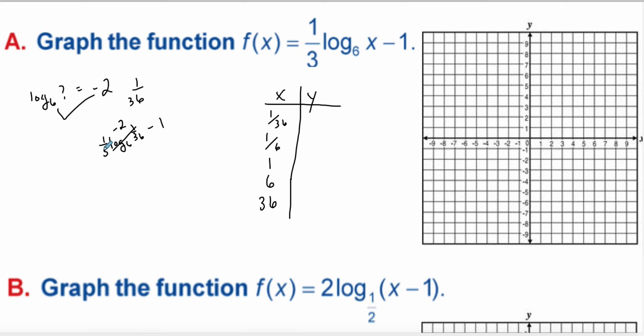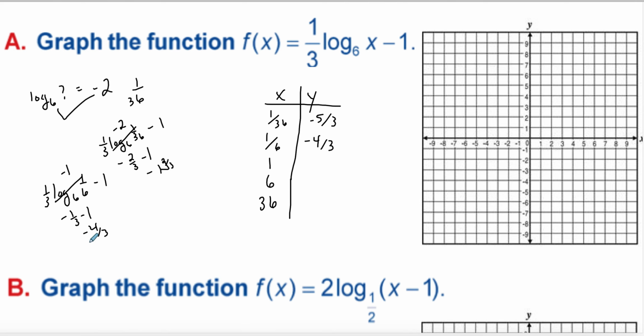So -2 times 1/3 is -2/3, minus 1, negative 1 and 2/3. You guys know that I don't like mixed numbers, so we're going to change that. It would be negative 5/3. Let's do the next one here. 1/3 log base 6 of 1/6 minus 1. So 6 to what power gets me 1/6? Negative 1. So that's negative 1/3 minus 1, which is negative 4/3.